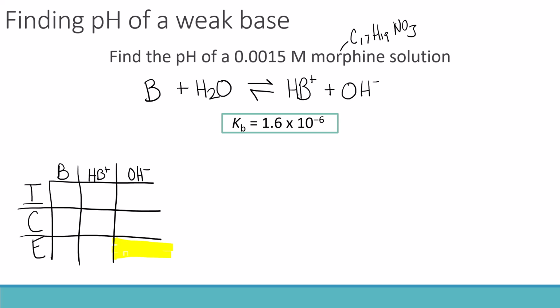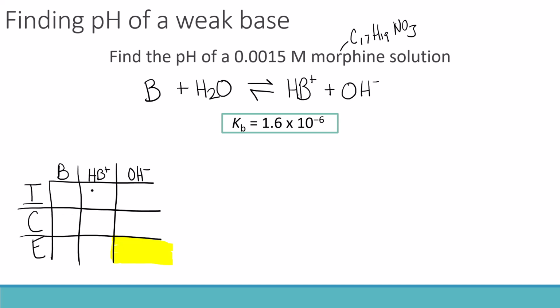So if I can get to the equilibrium concentration of hydroxide, what can I then do with that? Yeah, I can get to pOH and then get to pH. So the purpose of this exercise is ultimately to solve for the concentration of hydroxide. And then after we do that, we can take that to solve for pH.